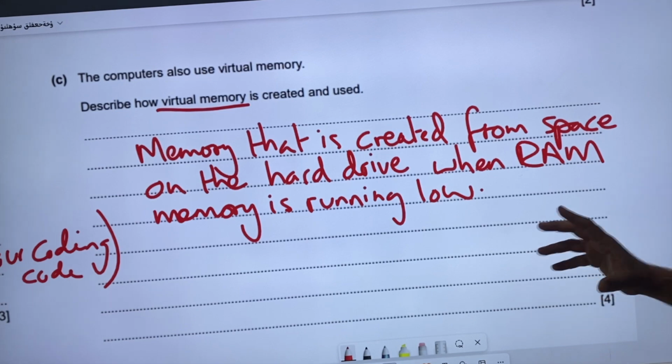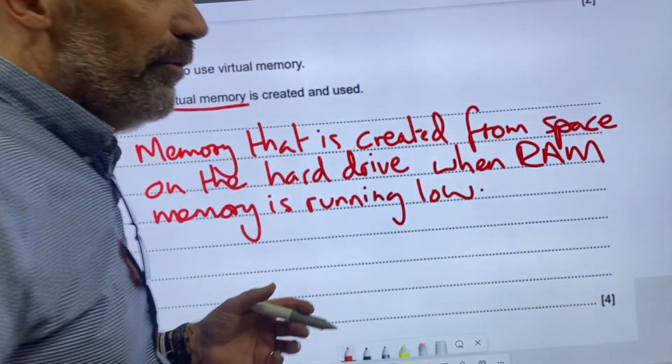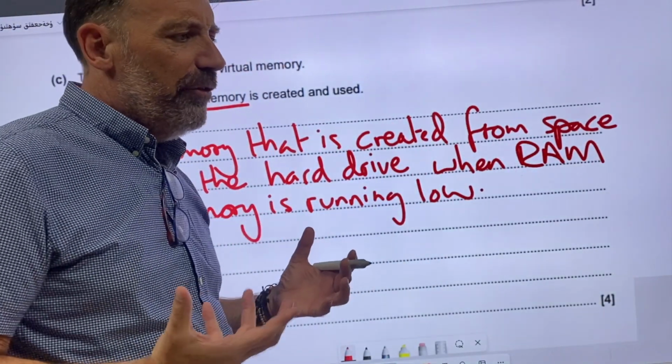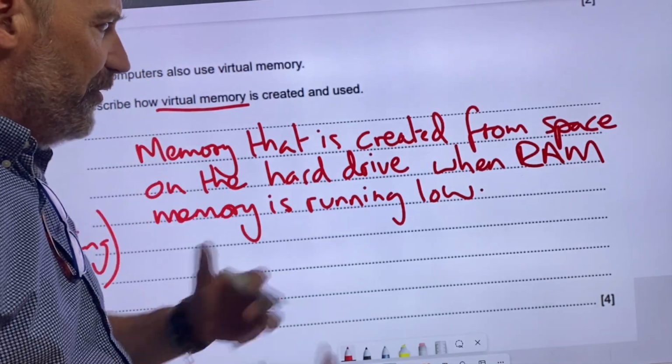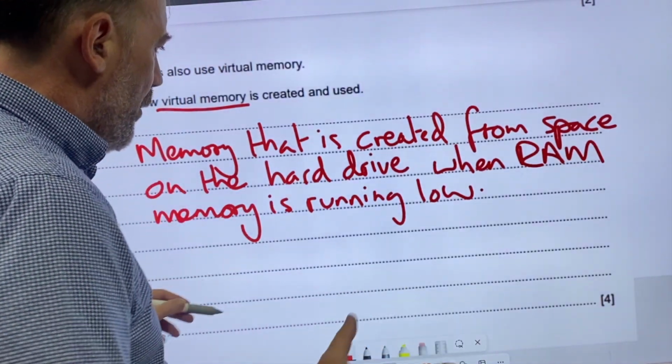So we could do with talking about what type of data is moved.